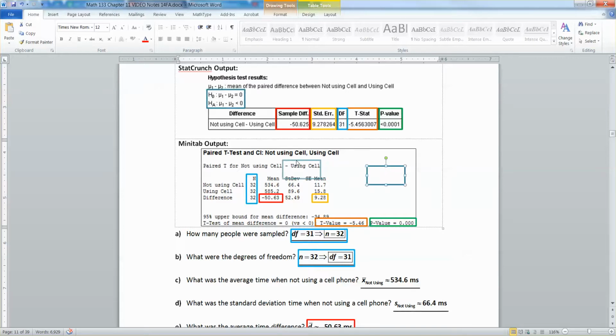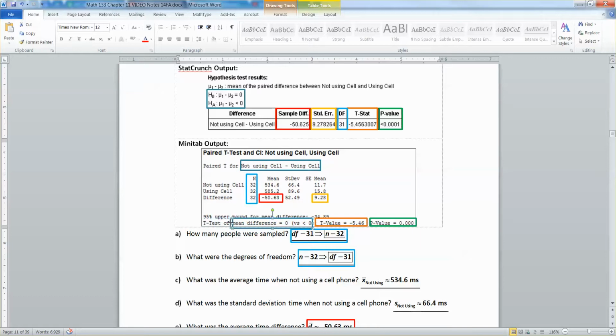So Minitab first has this bit up here about it's not using cell minus using cell. That lets you know which group is group 1. The not using group is the front group, and the back group is the using cell, so that would be group 2. But where is the alternative hypothesis? It's actually down here at the very bottom. See where it says versus equals 0 versus less than 0.